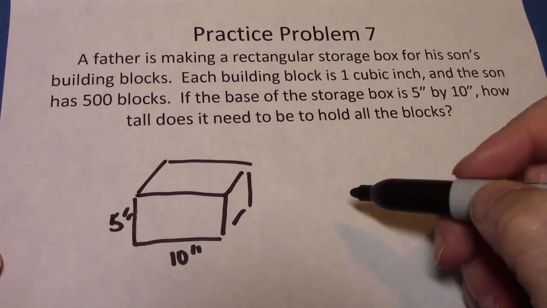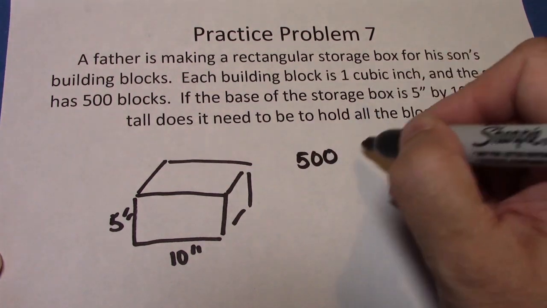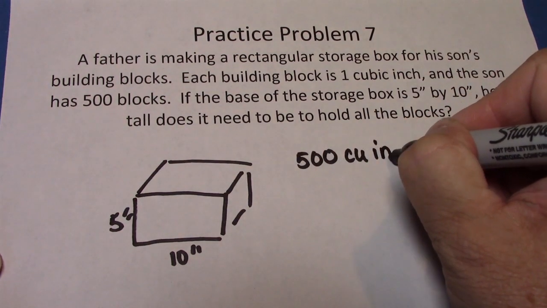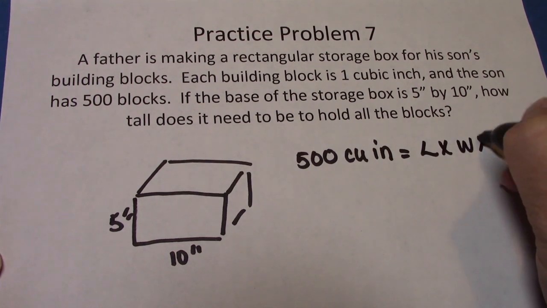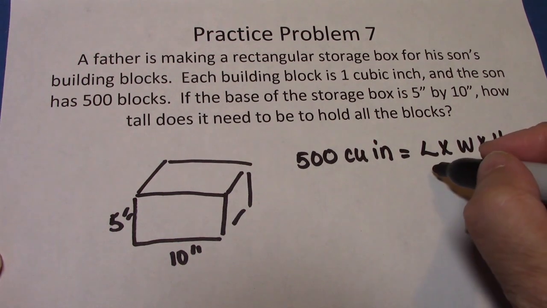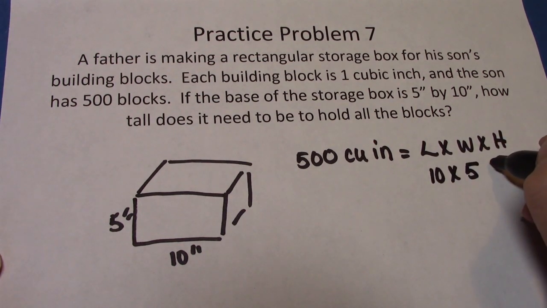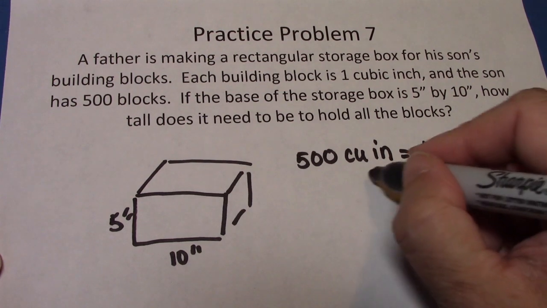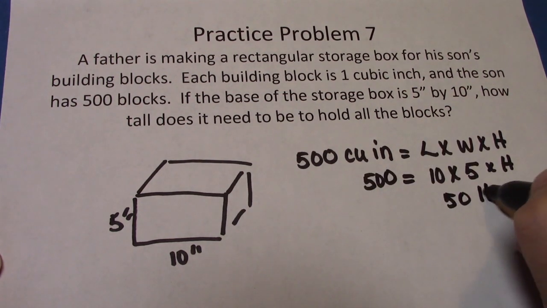So we need the total volume to be 500 cubic inches. So that's going to be length times width times height. We know the length, 10, and the width, 5. We're looking for height. This is 50h.